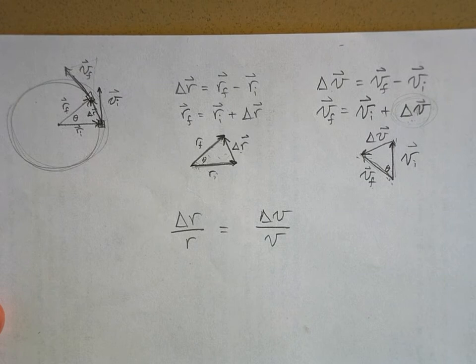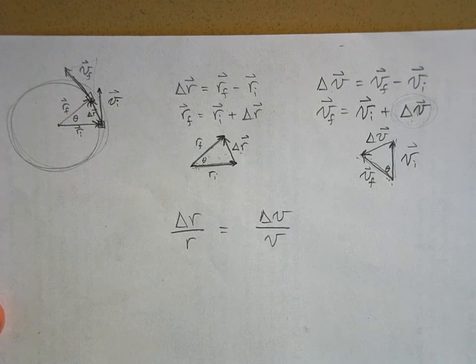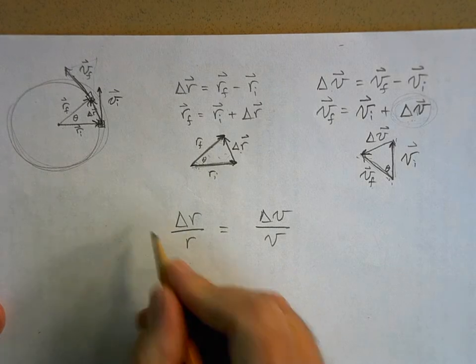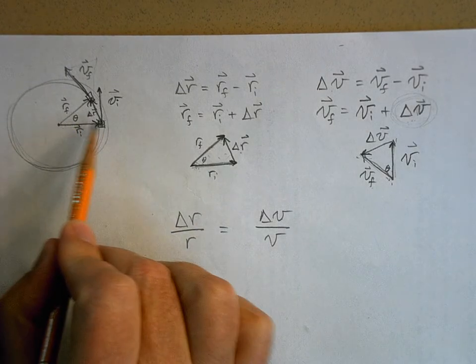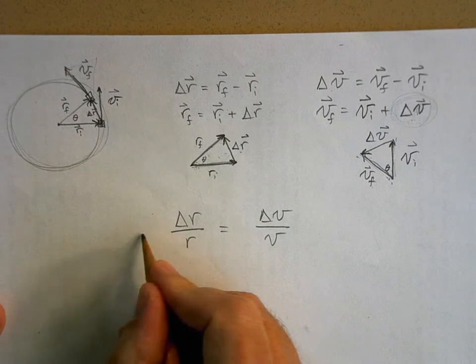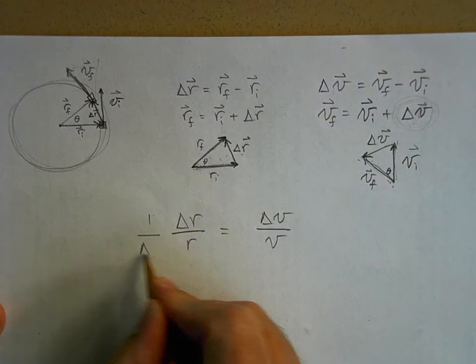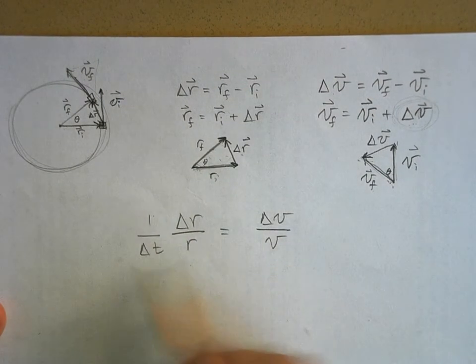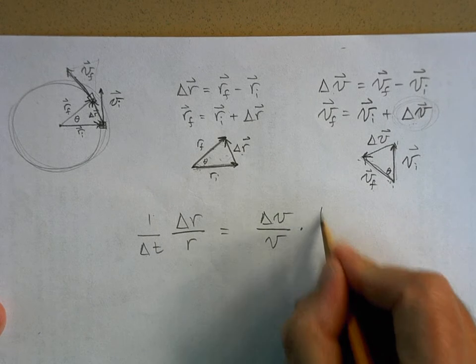Okay. Now I'm going to do something that algebra lets me do. I'm going to divide both sides by the time interval it took to go from here to here. Why? Because I can. As long as I do to one side what I do to the other, it's legal.